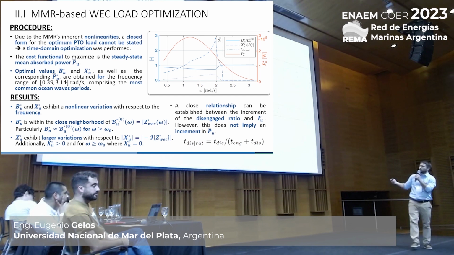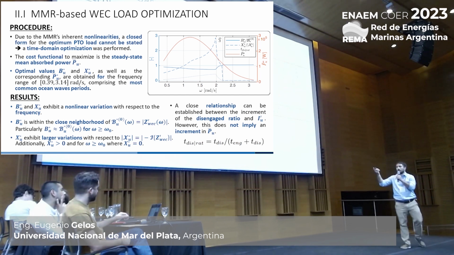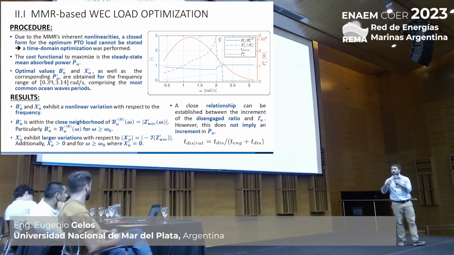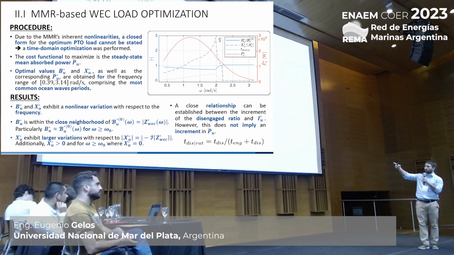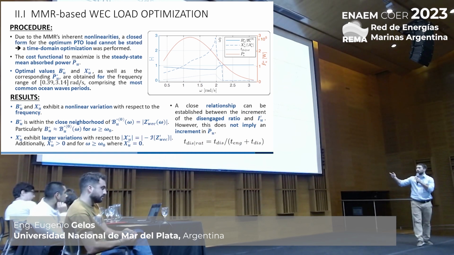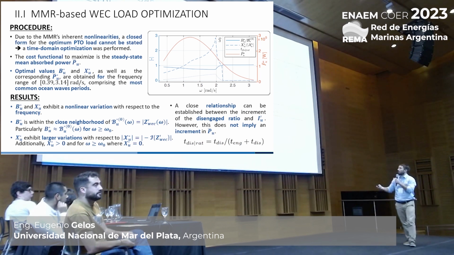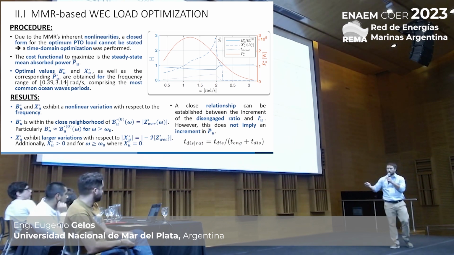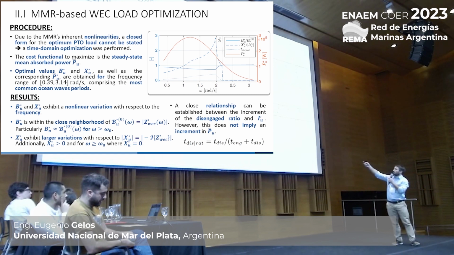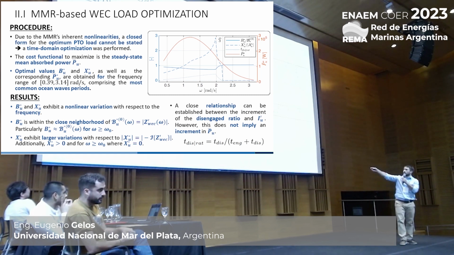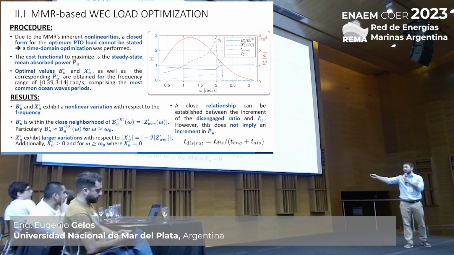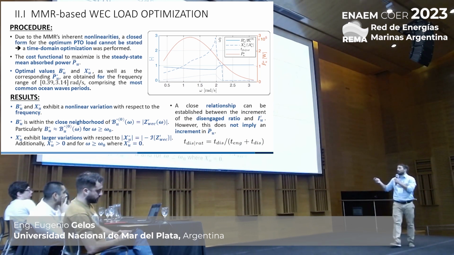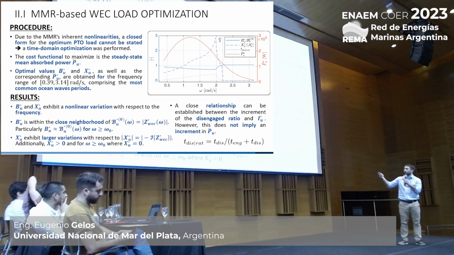So in that way we obtain the optimal resistance and reactance for the most common ocean wave periods. Some of the results indicate that the optimal resistance, which is the solid blue line, is always within the optimum amplitude condition, and the optimal reactance is always near the optimum phase condition.